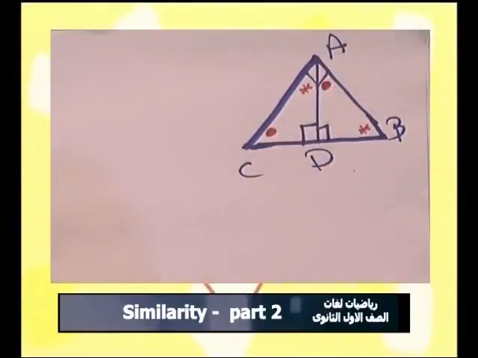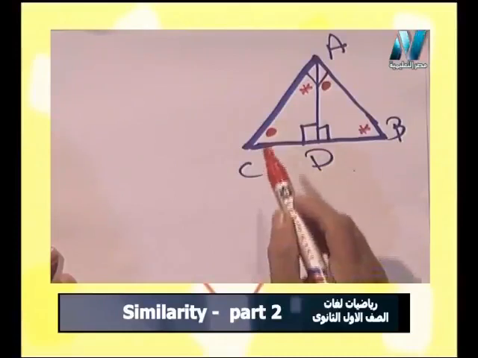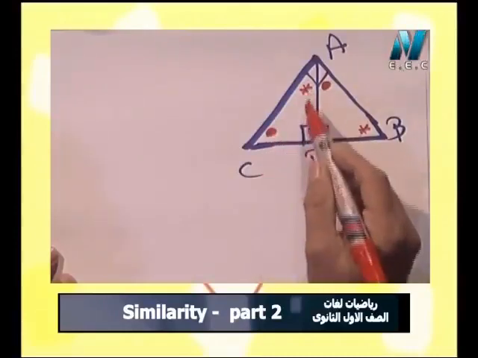How can we write them? The order in writing is very important. So try to say dot, star, and write.